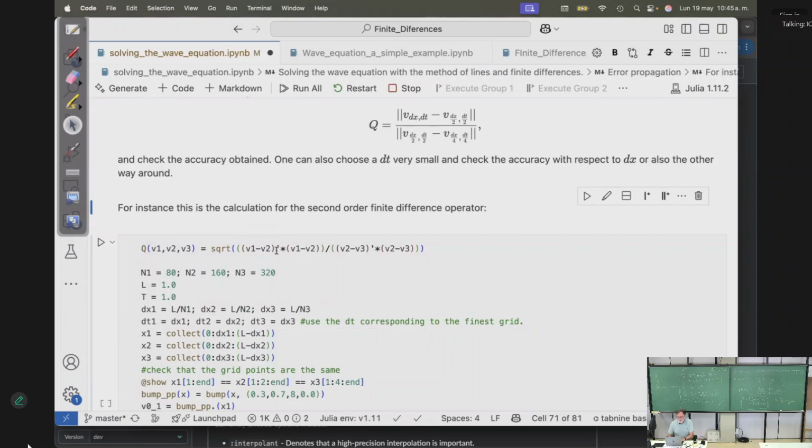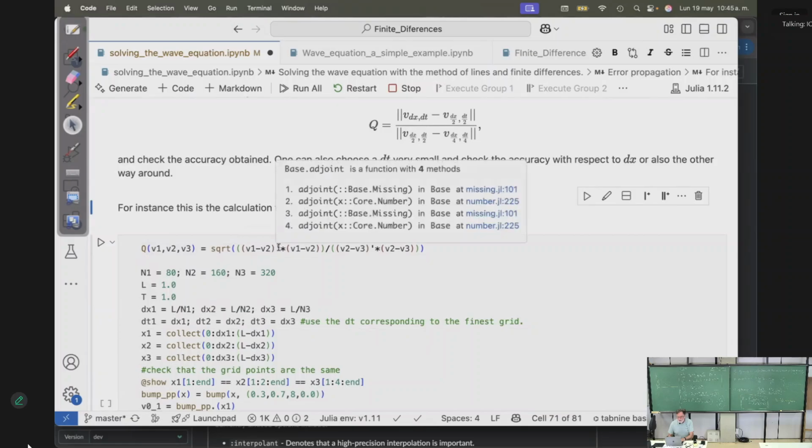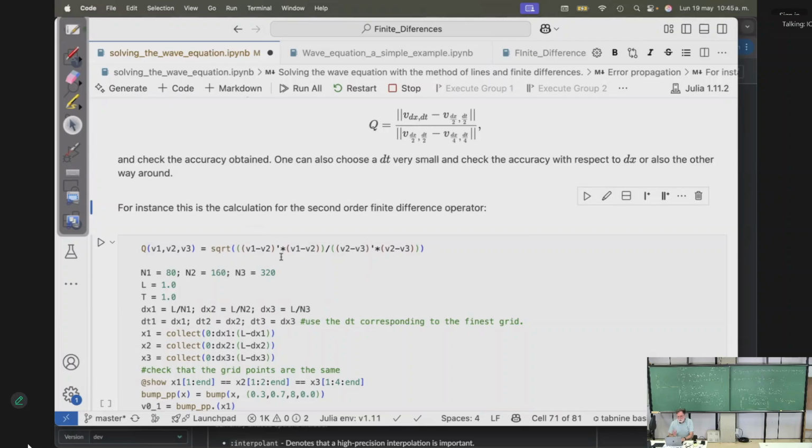The prime makes the vector go from vertical to horizontal, so we can make a product of matrices. This is a vertical matrix, this is a horizontal matrix, so it's like the scalar product. And we take the square root after.